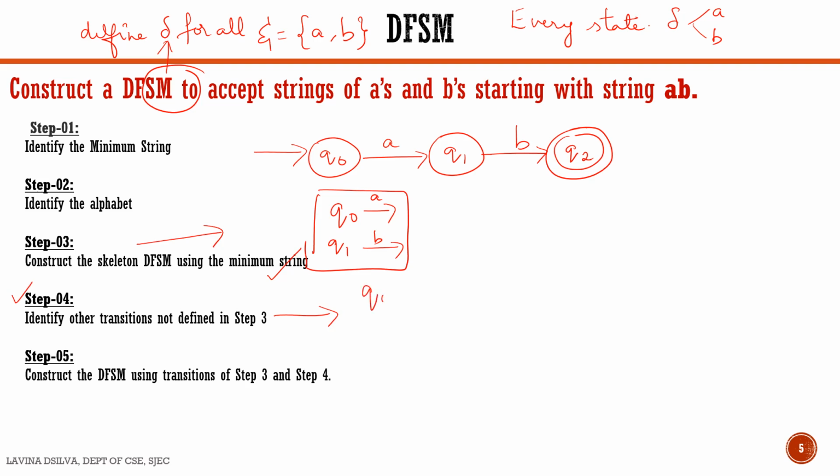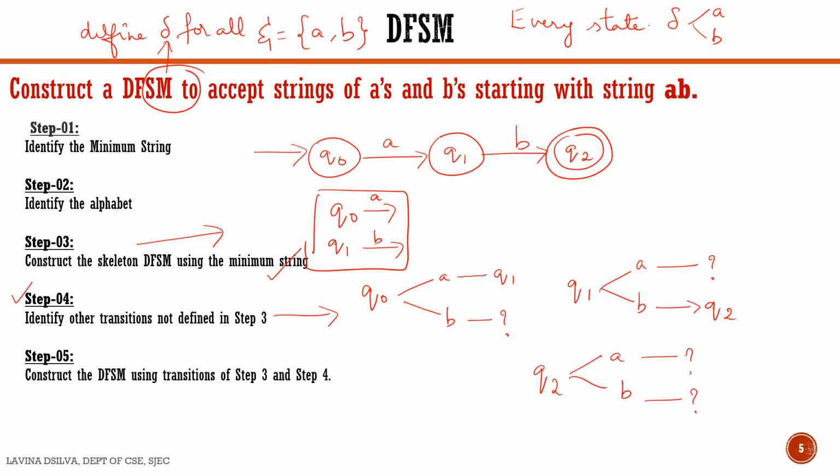On Q0 we had defined for A, but we had not defined for B, right? On state Q1 we had defined for B, but we had not defined for A. And on state Q2 we didn't define for both A and B.